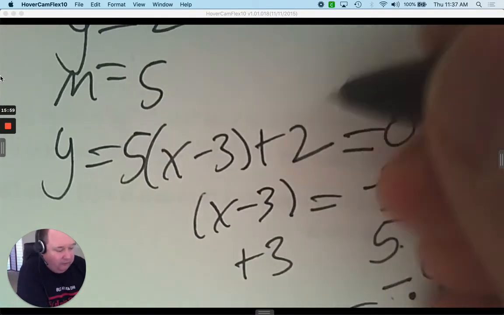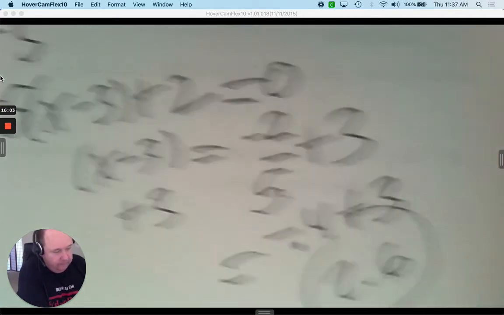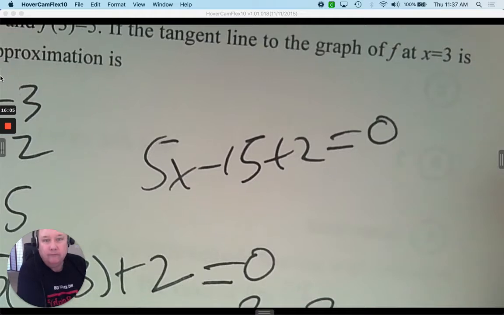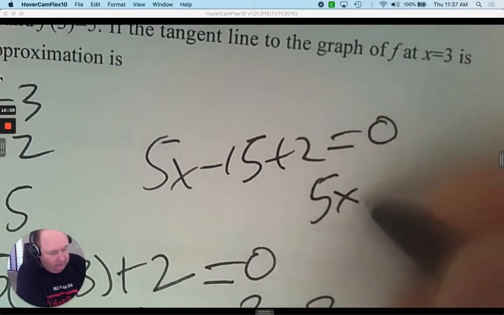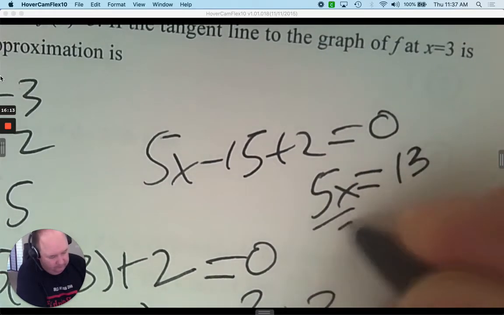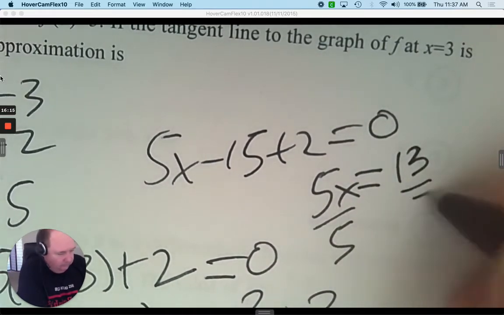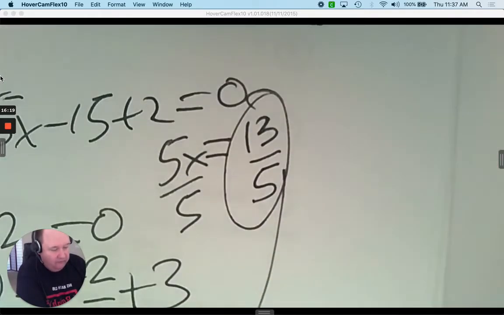You could also distribute, right? And so if you distribute it, you get this answer. And you'd have to know that's 2.6.